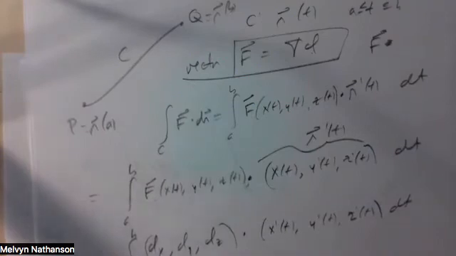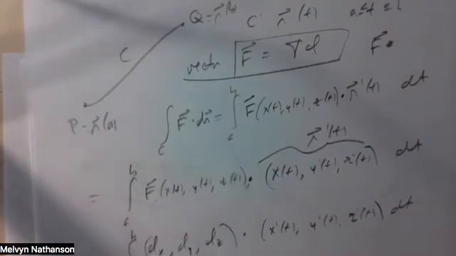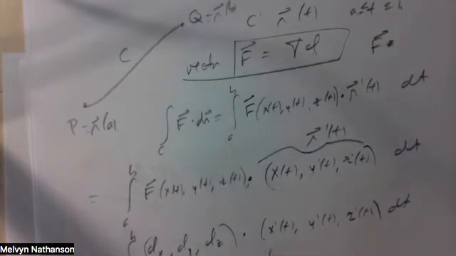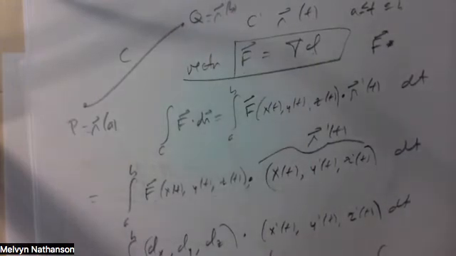So the dot product, this is the integral from a to b of phi x times x prime of t dt, plus the integral from a to b of phi y, y prime of t dt, plus the integral from a to b of phi z, z prime of t dt.